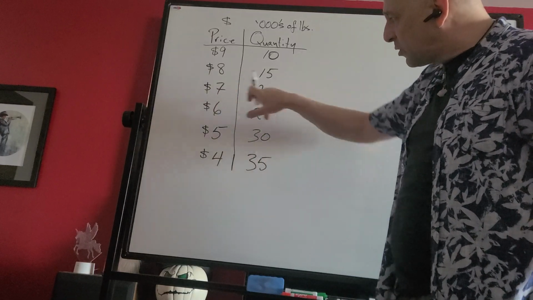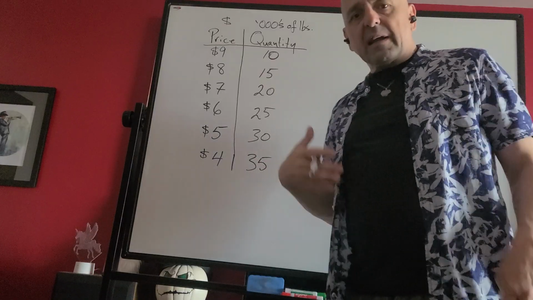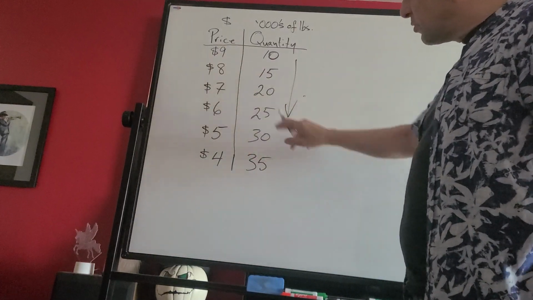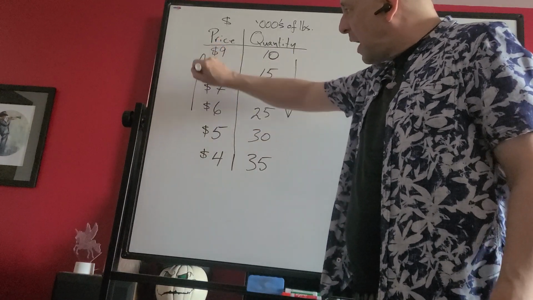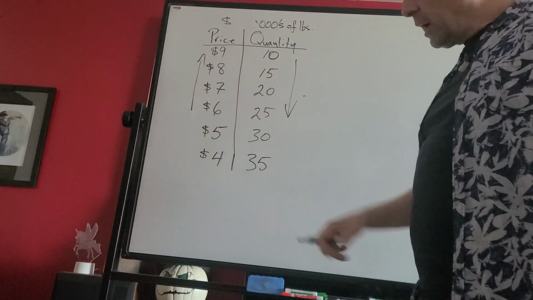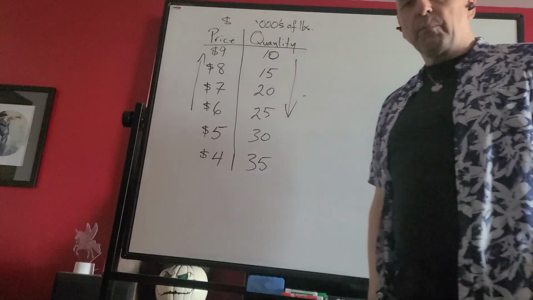And as the price goes down, look at the fact that in general, the positive statement we can make about that is that as the price goes up, the quantity demanded goes down. As the price goes down, the quantity demanded goes up.